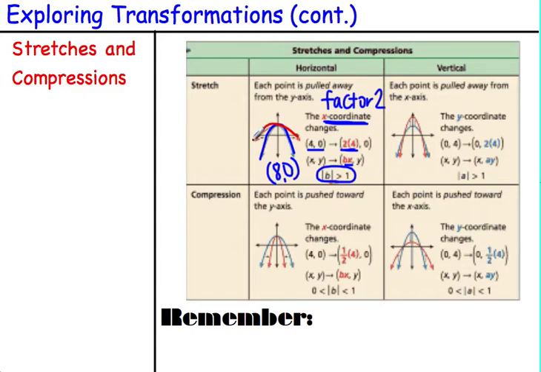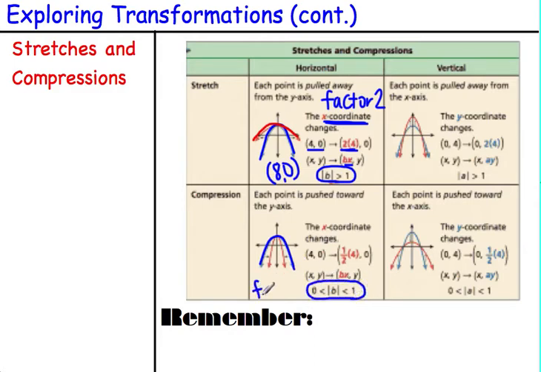Now on the other hand, a horizontal compression, we are pushing those points towards the y-axis. So if we have that original function right here, and we have 4, 0, what's going to happen with a compression is that b value is going to be between 0 and 1.